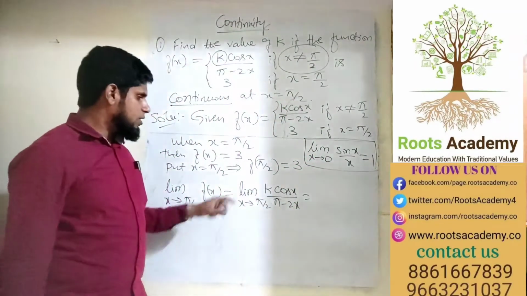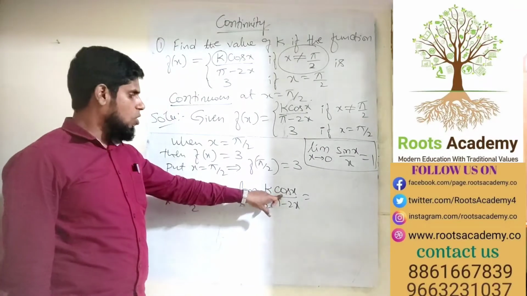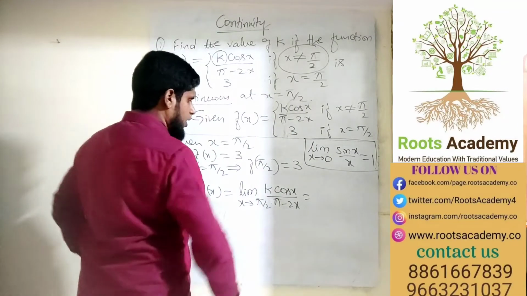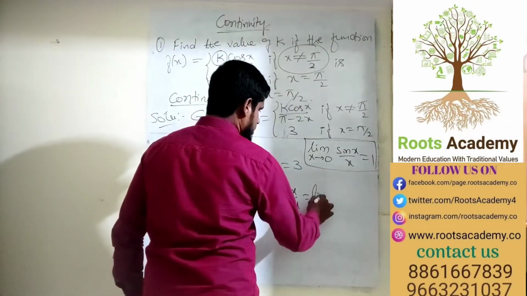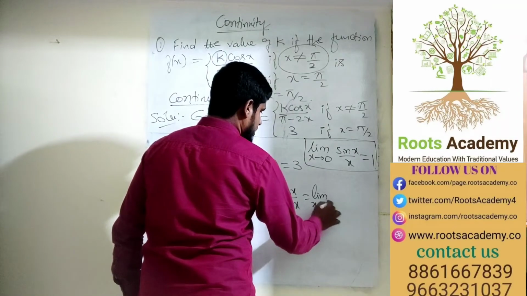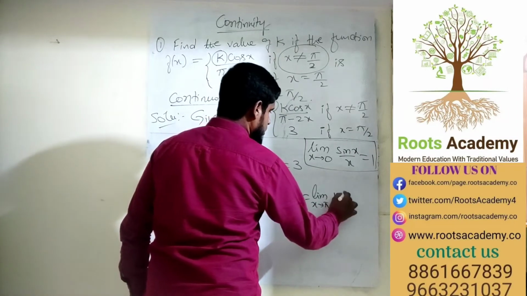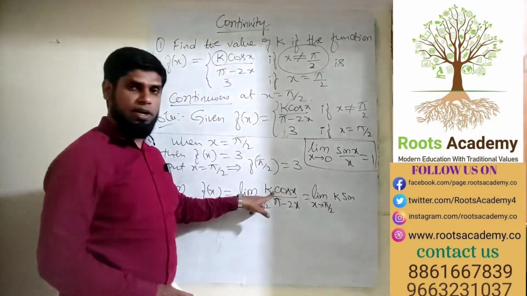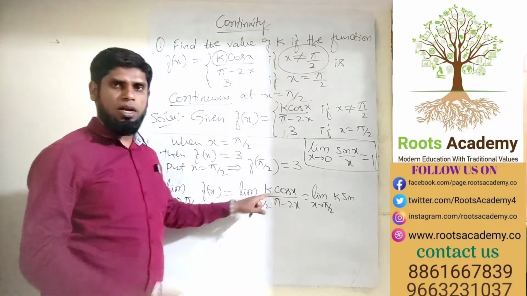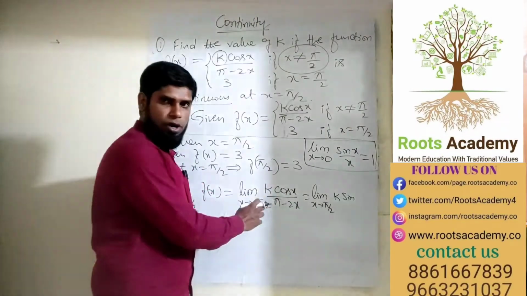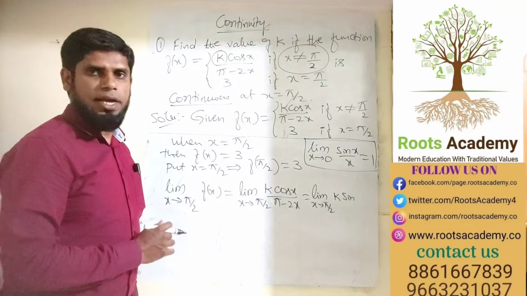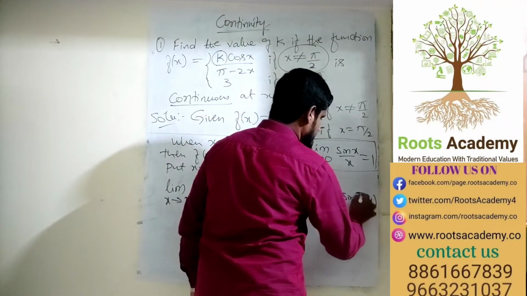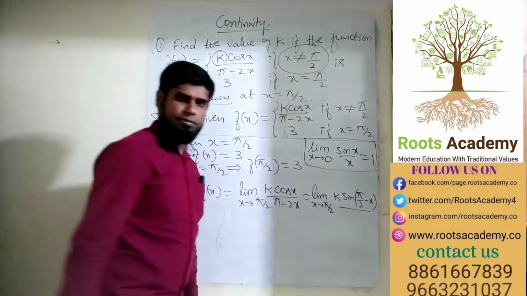So let us convert this trigonometric cos in terms of sine. I can easily write this as limit x tends to pi by 2, k as it is. Cos theta can be written as, in the first quadrant all are positive, sin 90 minus theta. So sin of pi by 2 minus x, divided by.